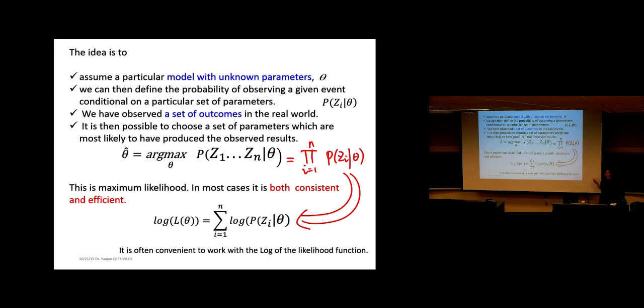This is a very popular trick, almost always used to guarantee numerical stability when you work with this type of probabilistic model. Question about this? All right, so again, we normally call this the likelihood, and we call this the log likelihood.